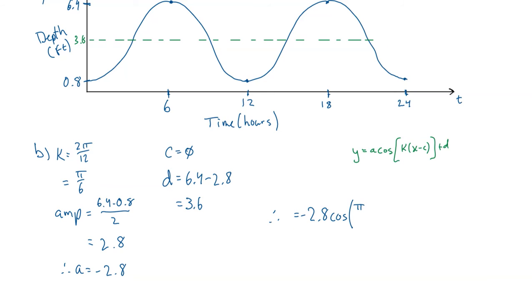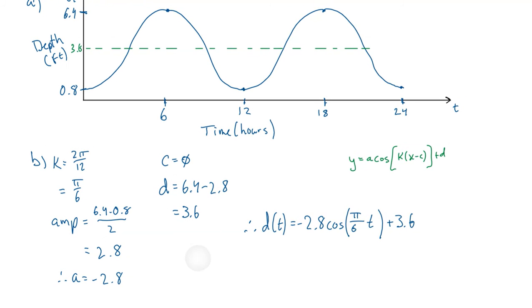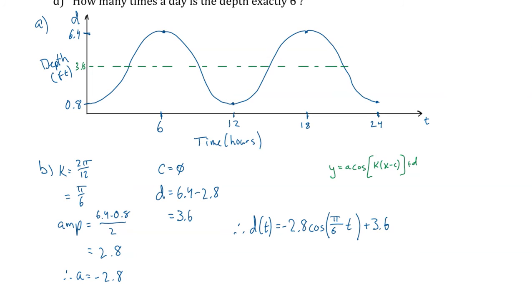Oh, why? Whoops. So we usually use function notation for these. I called it D, and we usually use function notation, so D at T. Well, if you called this D and then you did Y, yes.